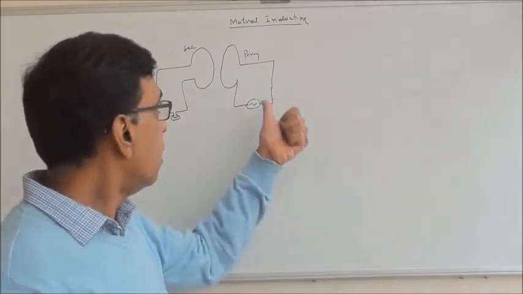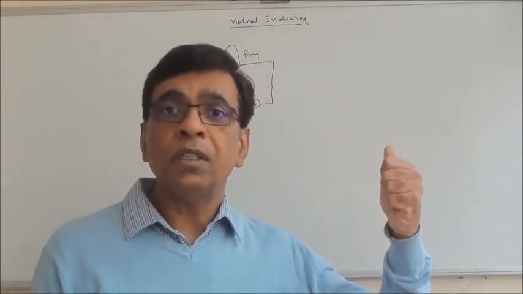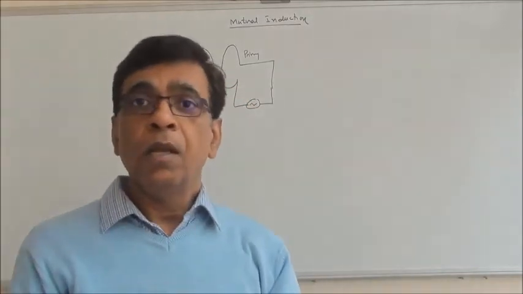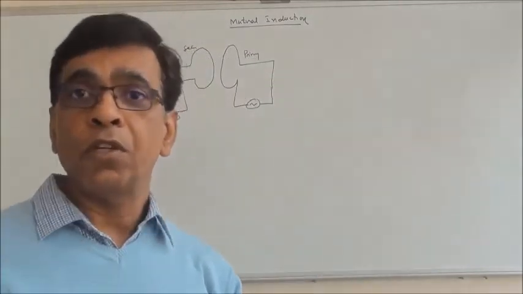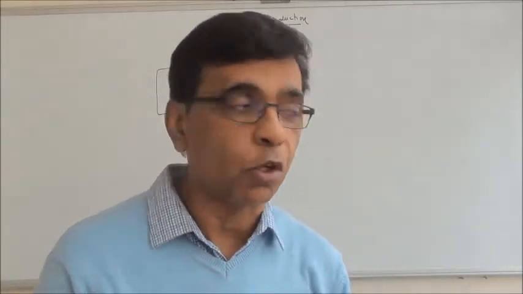In case of DC, the current flowing here is constant, so there is no change as such in the flux passing through it. So magnetic flux is there, but magnetic flux alone will not ensure that there is EMF or current. It is the change in flux which is important.